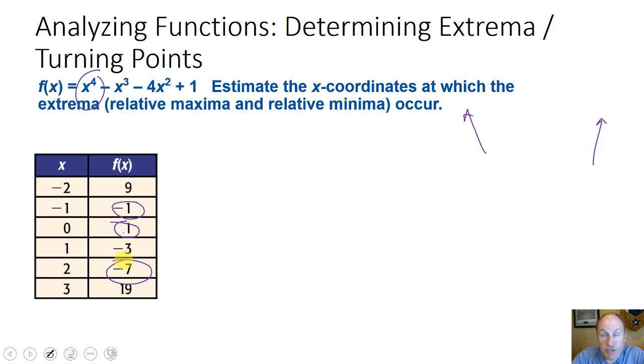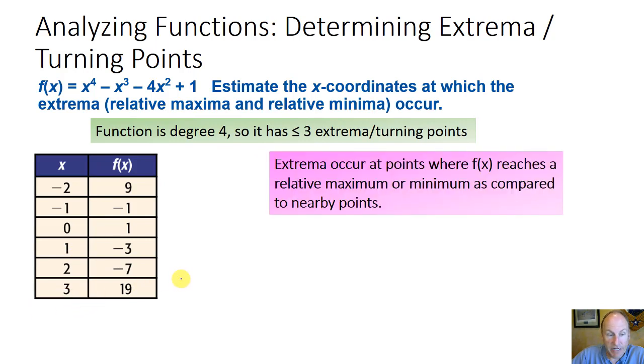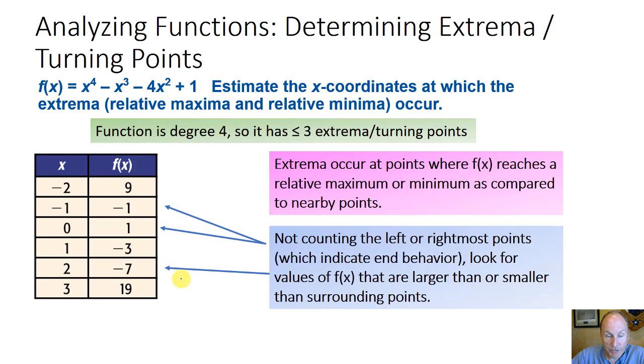That doesn't mean the extreme values occur at those points, but they're going to occur very close to it. Since it's a degree 4 function, it has 3 or fewer turning points. We know now that it has 3, and the extrema occur at those points where a relative minimum or maximum occurred compared to nearby points.